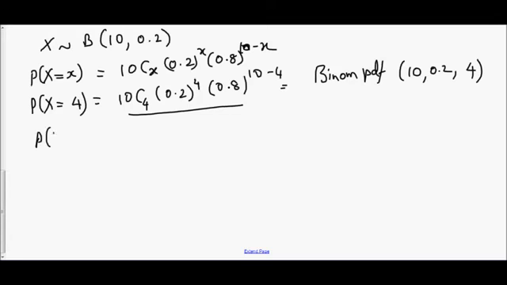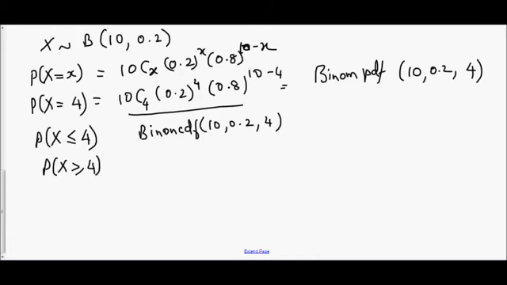If I have a question like what is the probability of x being less than or equal to 4, then you need to use your binom CDF, cumulative distribution function, and all the other things are the same. If I want to find the probability of x being greater than or equal to 4, this should be 1 minus p of x less than 4, because the CDF gives the values from 0 to the particular value x.